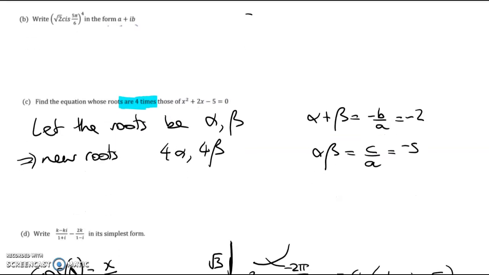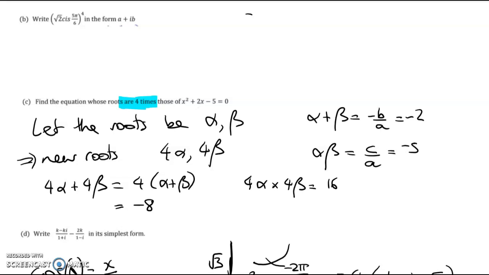With the new equation, the sum of the roots is 4 alpha plus 4 beta, which is equal to 4 times alpha plus beta. So that's going to equal negative 8. And the product of the new roots will be 4 alpha times 4 beta, which is 16 times alpha beta, which is equal to negative 80.